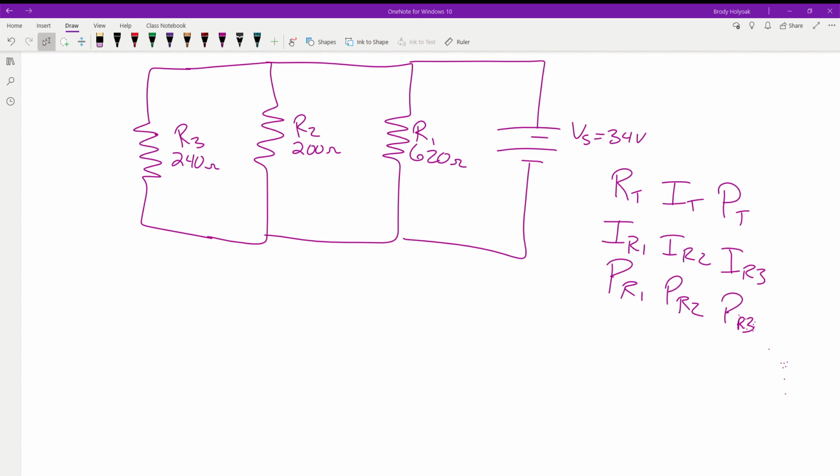Jeff, which would you like to solve for? The resistance total, current total, or power total? The reciprocal method, okay. You write this out. 6, 7, 8?